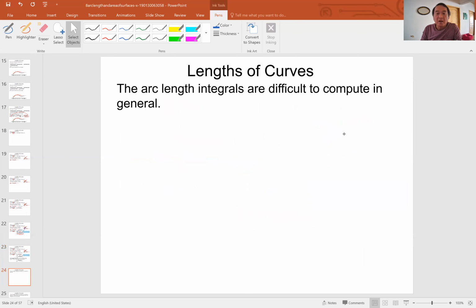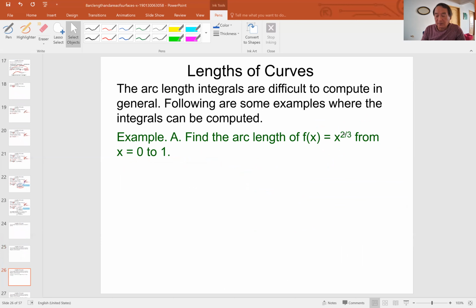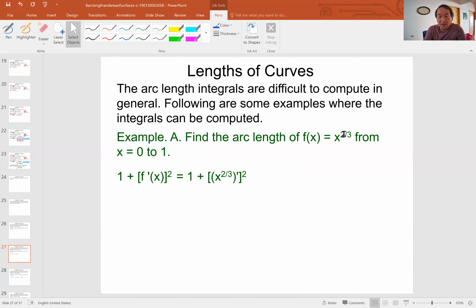The problems we can practice with this formula, which we'll call the arc length integral, involve a couple of types where the algebra works out. Here's one of them. You probably say, 2/3 power, that's kind of strange.